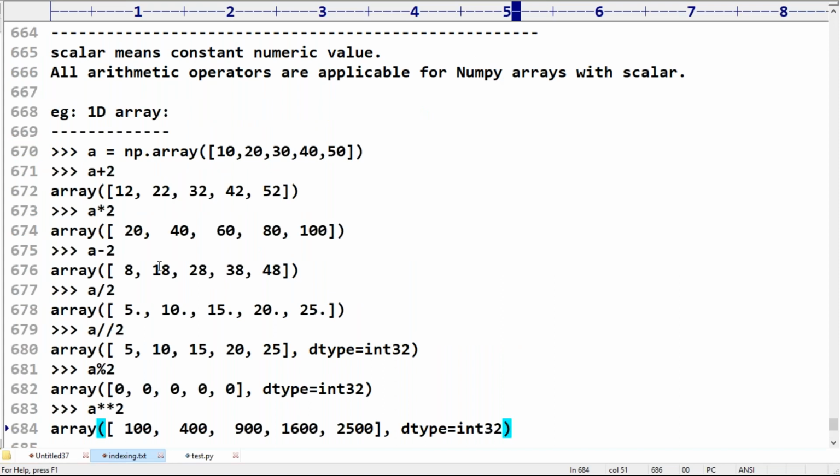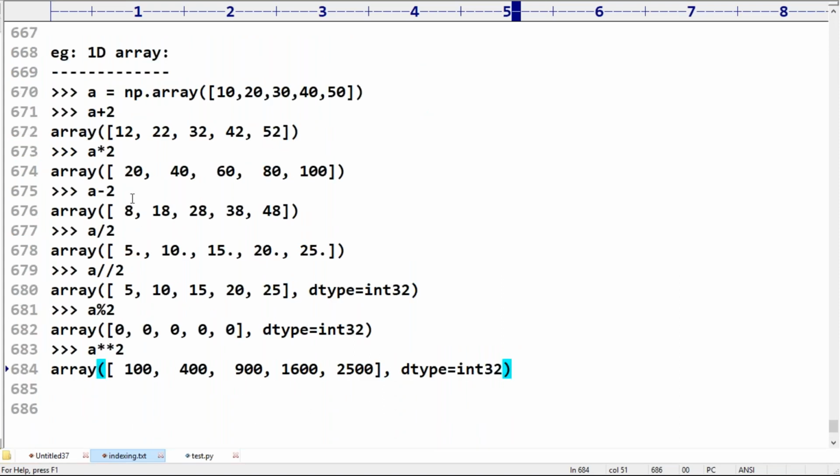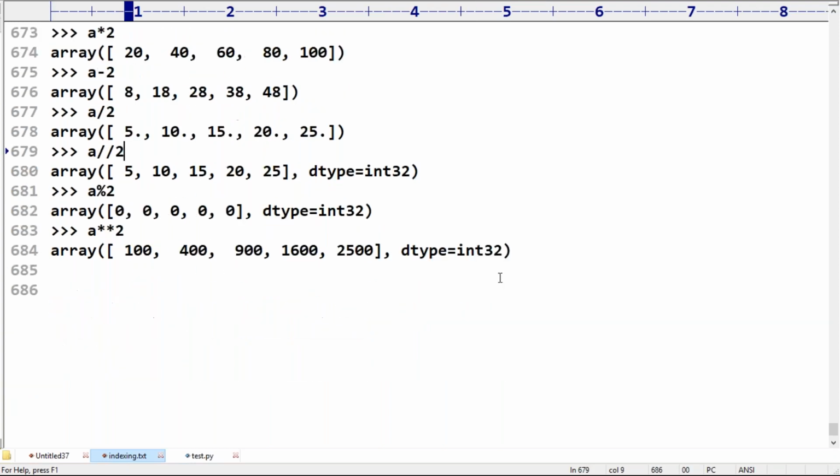Any doubt? Power 2 is internally considered as int32. If the value goes beyond that range, automatic typecasting happens. Remember that in these cases, the dtype explicitly tells the int type.